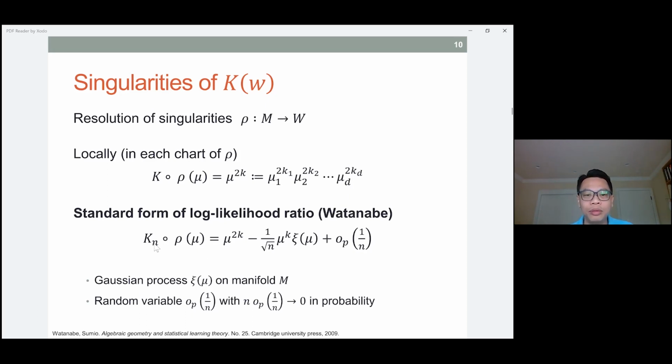We know that this Kn is a random variable, so the result on the right-hand side is also going to be a random variable. But what's interesting is that this coefficient here is deterministic.